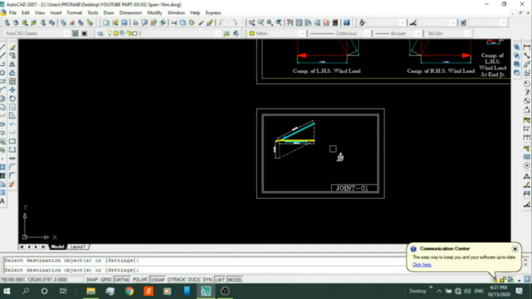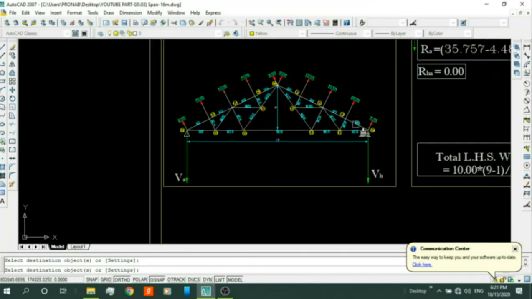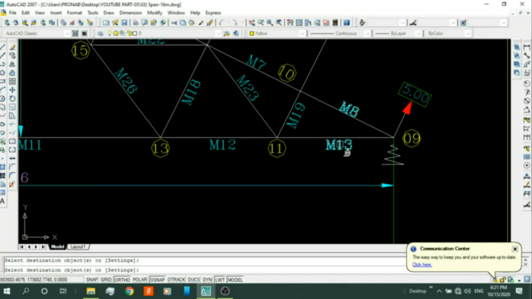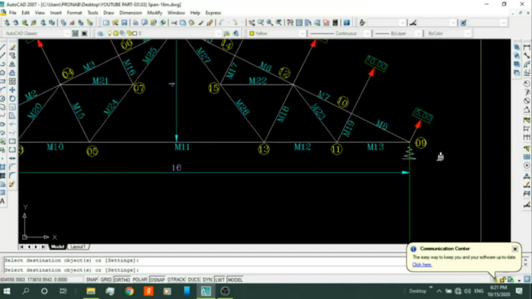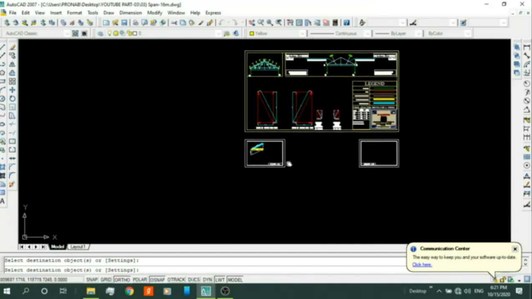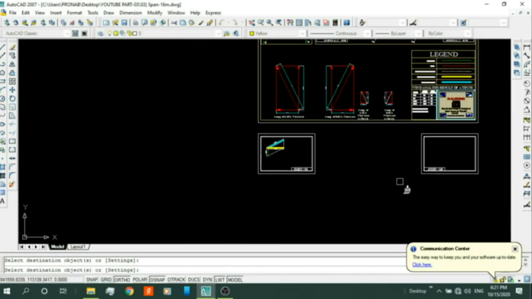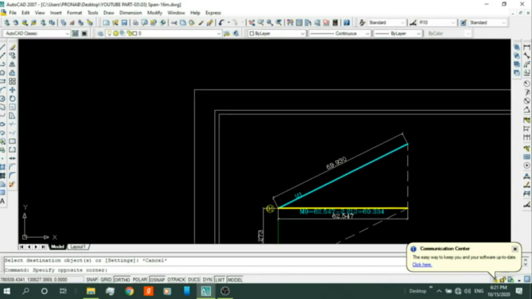Now, the force in members 8 and 13 in joint 9 will be the same as joint 1. So, I am mirroring this.